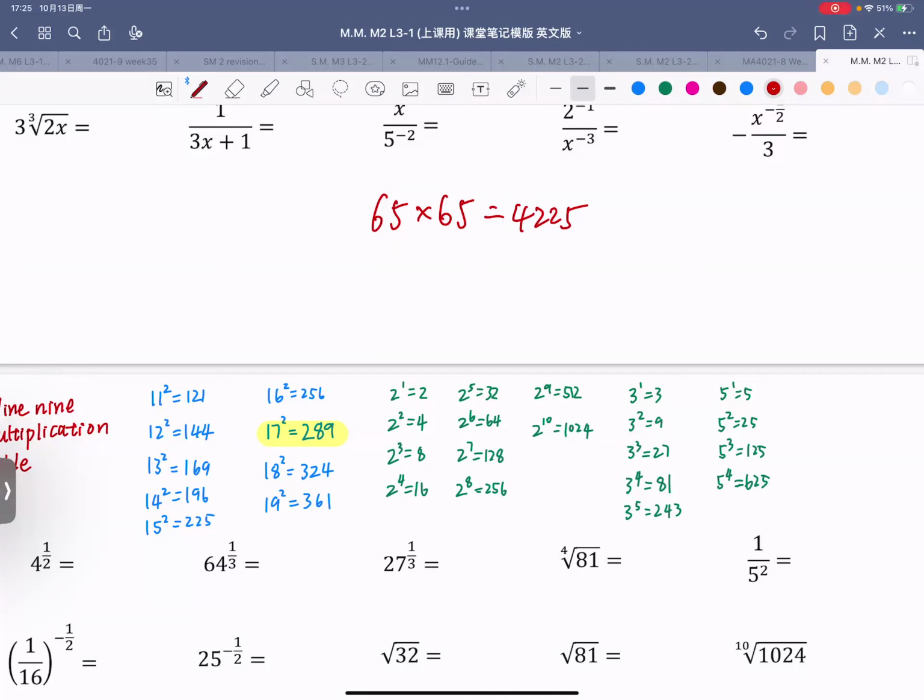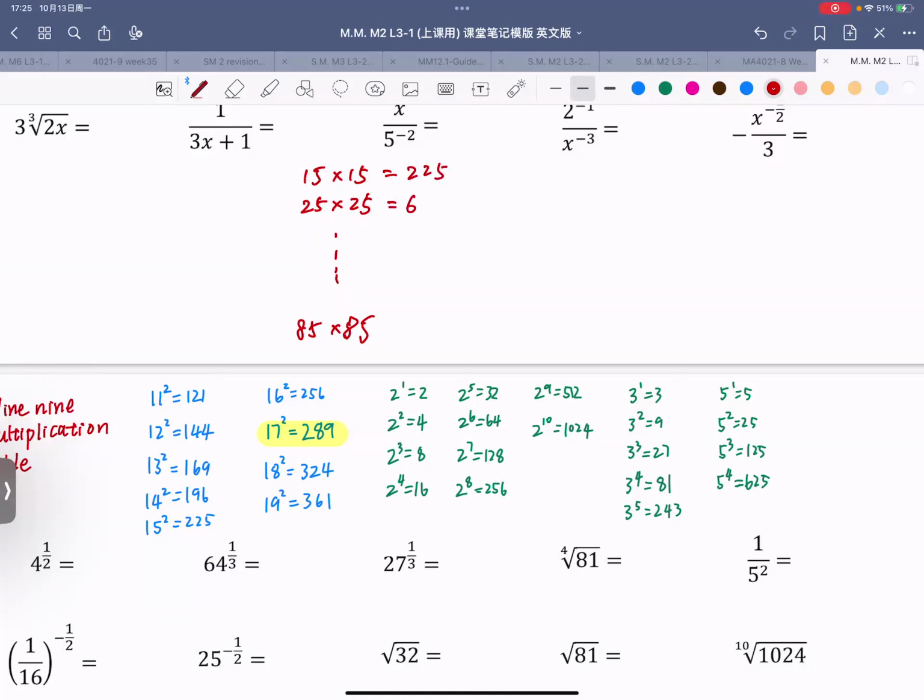Okay, I'll show you the trick to calculate all these kinds of things. From 15 times 15, 25 times 25, all the way to, let's say, 85 times 85. This one is equal to 225.